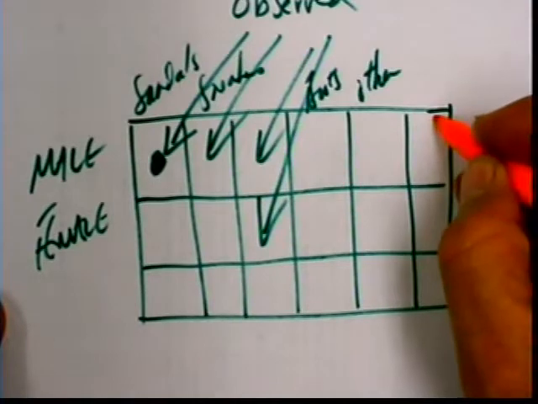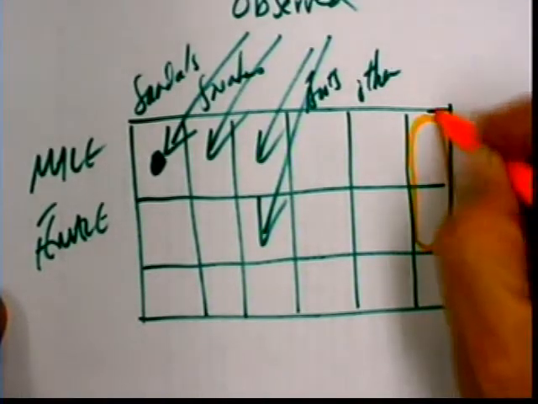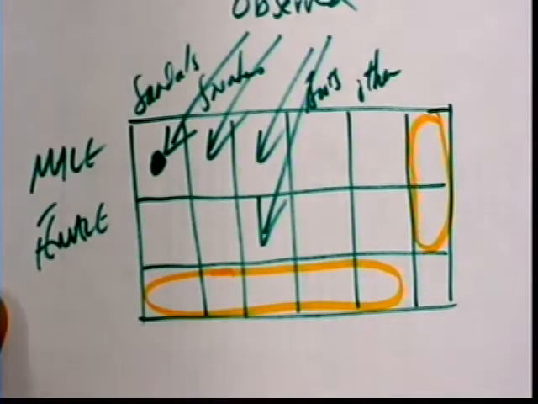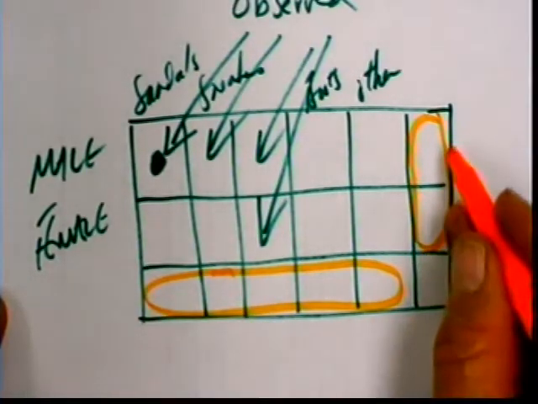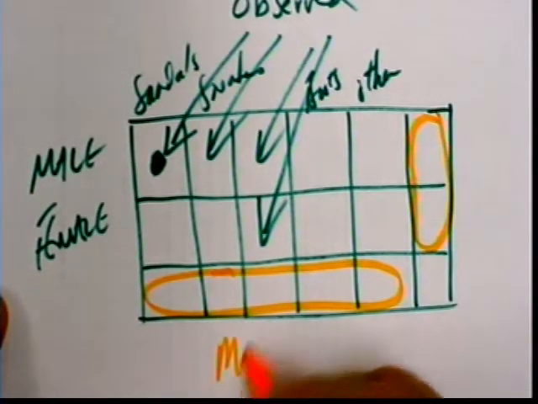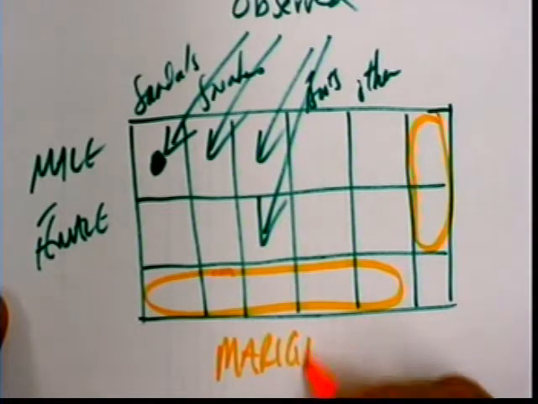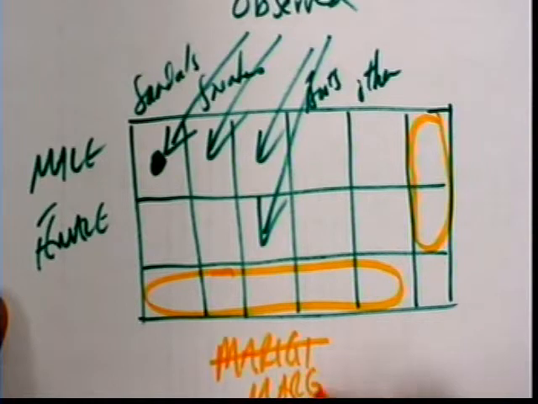And then based on those observed values, we calculate these values here. Since they're in the margin, we're going to call them the marginals.